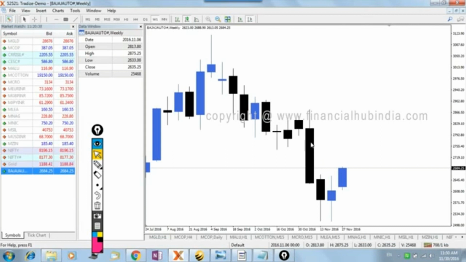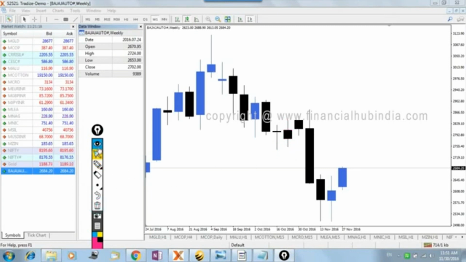All these candles are formed throughout the week, from Monday to Friday. So for this candle, the data will be the Monday open and Friday close. Here is the opening price and here is the closing price. So Monday where it opened and Friday, the last trading day of the week, where it closed, and throughout the week, what is the highest point and what is the lowest point the price traveled.